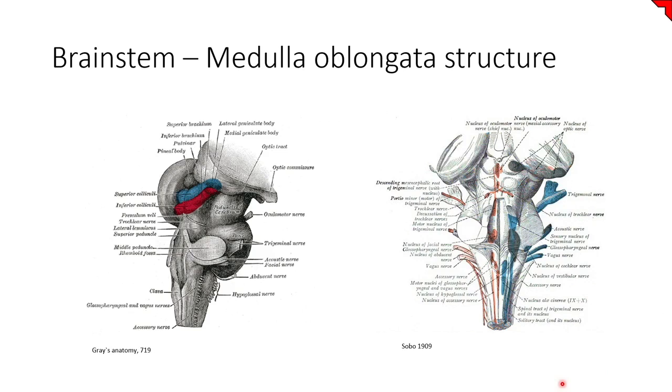Then the most caudal point that then continues on to become the spinal cord is the medulla oblongata. As you can see here, again, a very dense and complicated structure that is highly involved in the regulation of autonomic functions.